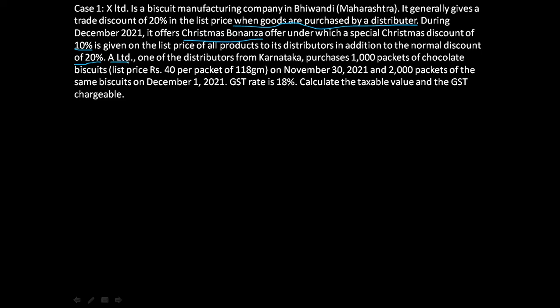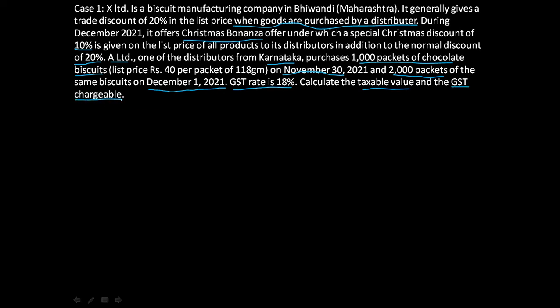A Limited, one of the distributors from Karnataka, purchases 1000 packets of chocolate biscuits. When did he purchase? November 30th. And 2000 packets of the same biscuits on December 1st, 2021. GST rate is 18%. Calculate the taxable value and the GST chargeable.